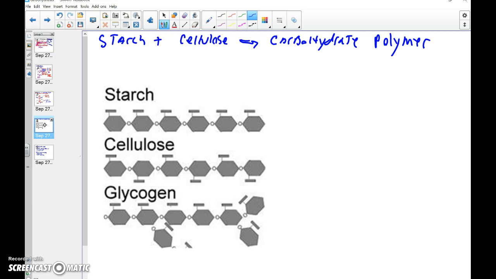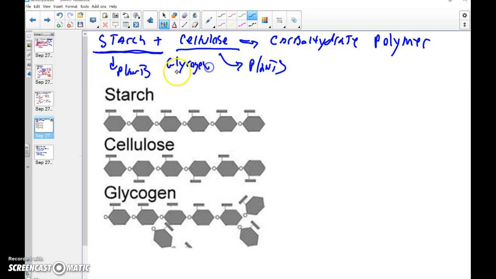Now, the thing is that disaccharides are not the only polymer that can be made. Living organisms can also make very long and complex polymers. These are known as starch, which you find in plants, cellulose, which you also find in plants, and then there's a third one known as glycogen, which you find in animals.